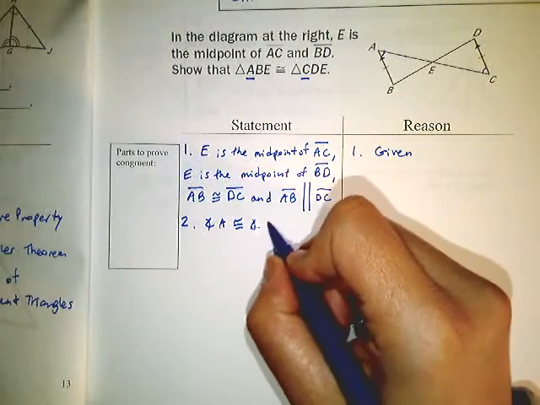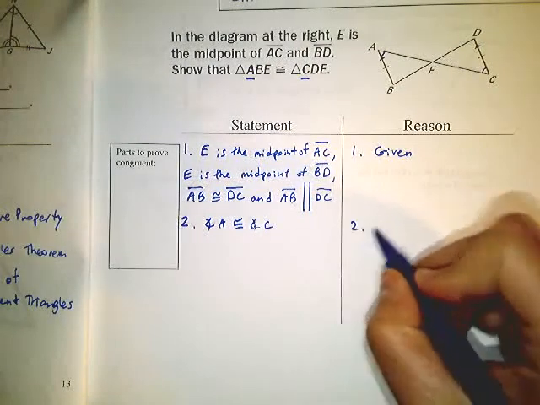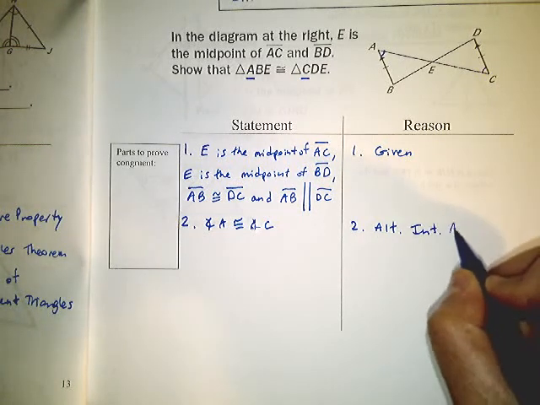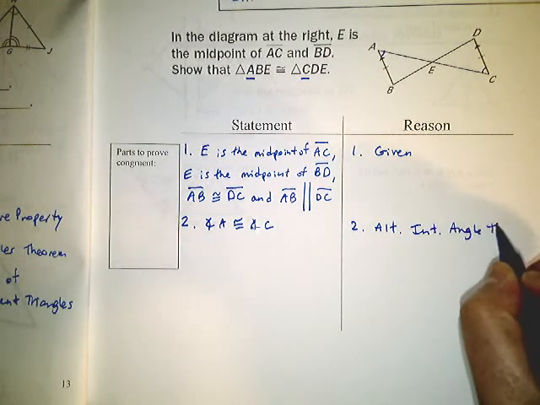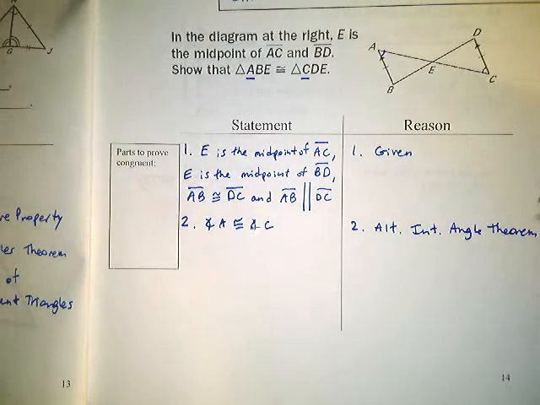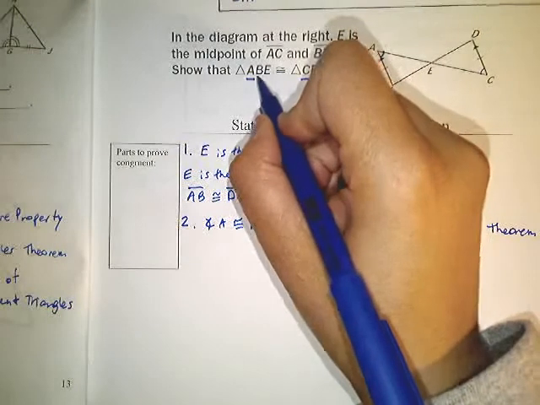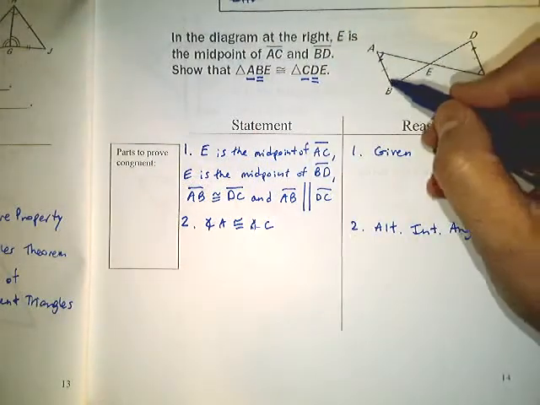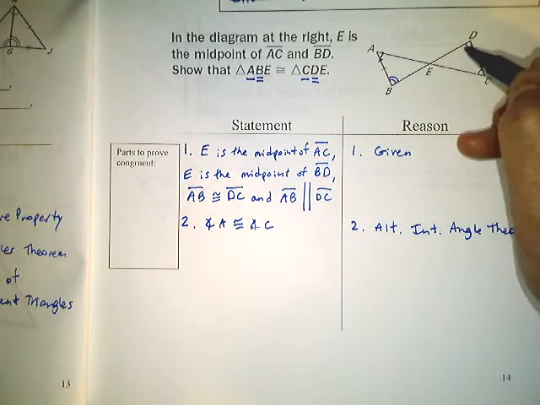Angle A is congruent to angle C because of the alternate interior angle theorem. Now I actually have another pair of angles that I want to prove. I want to prove that angle B is congruent to angle D, and that would actually be the same reason.